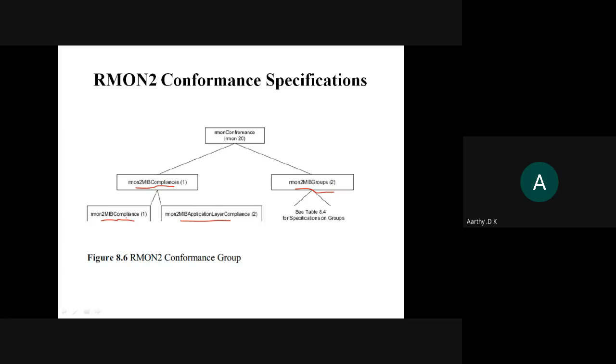We can have a mandatory group which is to be implemented by all vendors, and other groups which can be specific to a particular vendor. These compliances have to be taken into consideration when a product is being manufactured by a particular vendor.